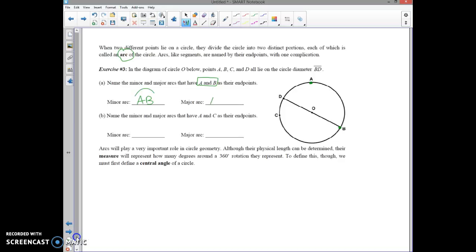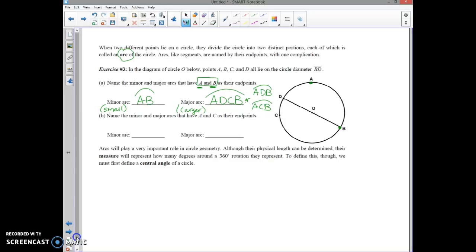The major arc is arc ADCB, or you can name it with 3 letters. You can also name it ADB or ACB. The endpoints have to be the first and last letter that you see. So minor means smaller arc, and major means larger arc, and you have to use those endpoints.